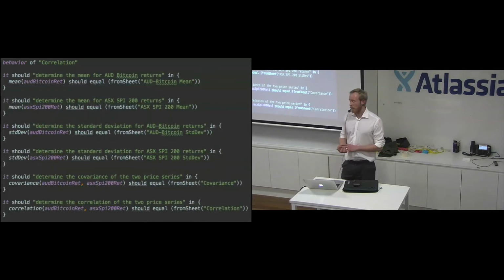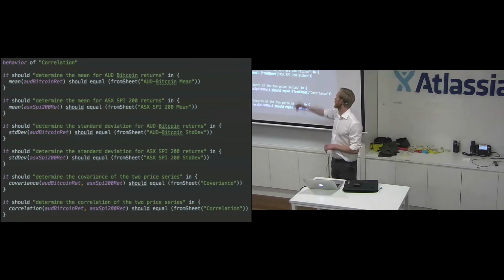So here we have our tests, and again, reading through it, it's all pretty straightforward. We're just checking that the means and everything else are calculated correctly. But what we're doing is validating these against the spreadsheet values. We've got POI plugged in behind the scenes, pulling the data out of the sheet to validate that our calculations are actually identical.